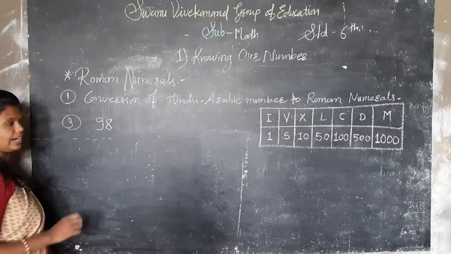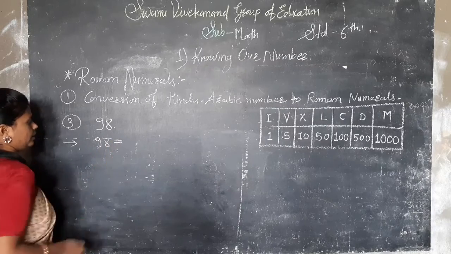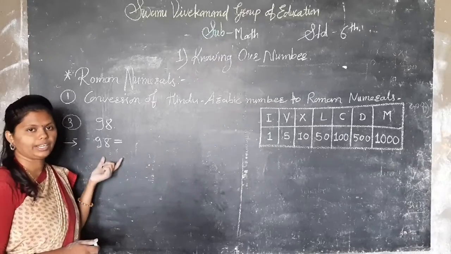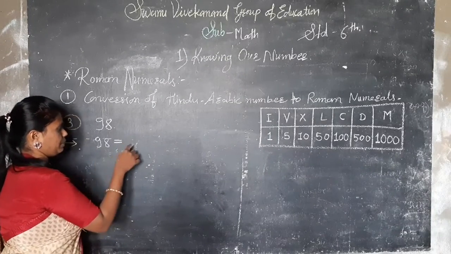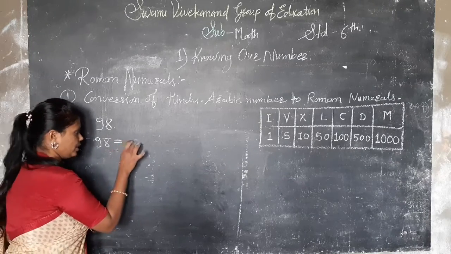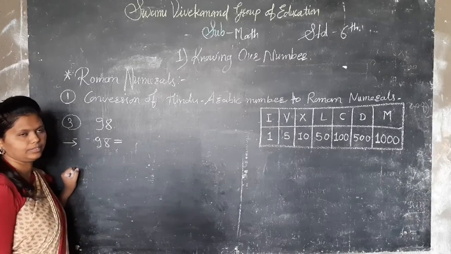How are we going to write 98 in Roman? You can't write it as 50 plus 40, that is 90. No. Because 50 plus 40 means XXXX, four times you would write that X. So here, which is the nearest number that can be repeated? It is C.